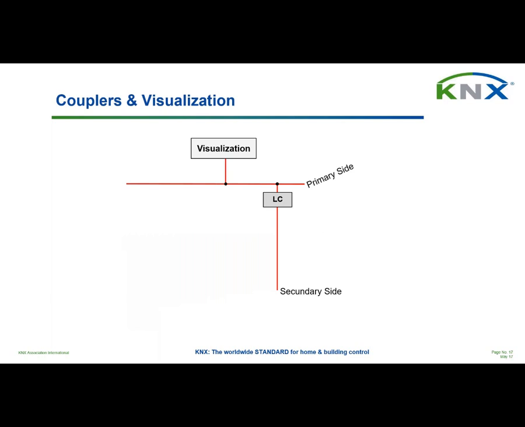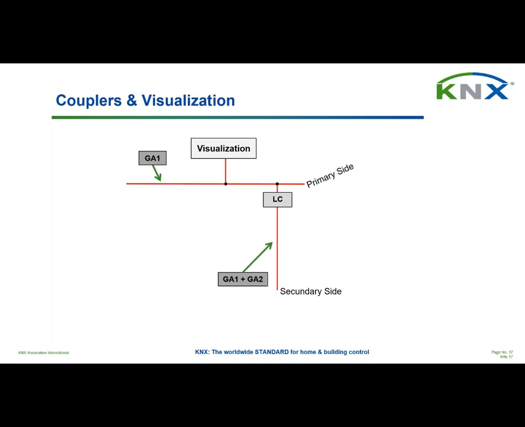Couplers and visualization. I have explained the role of the line coupler in the sense of bus traffic optimization. But there's another aspect to that, or there could be a problem because of that, and that is visualization. Visualization is typically installed on the highest level in the topology. So in most cases, that's of course the backbone line.